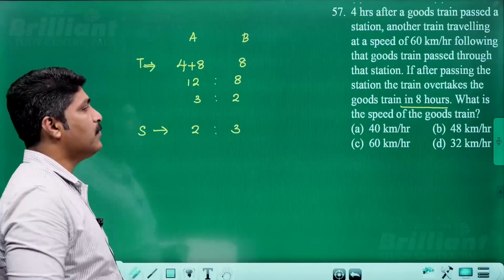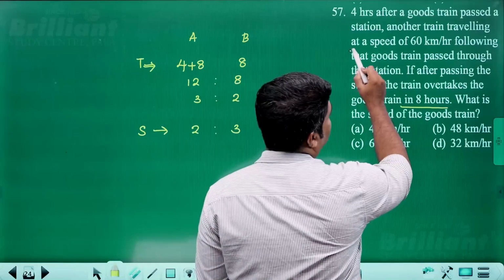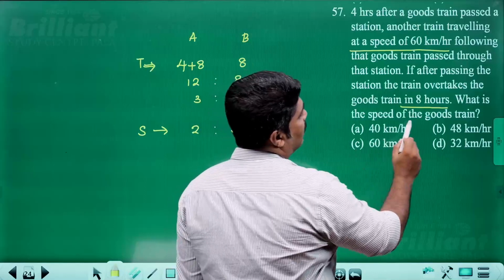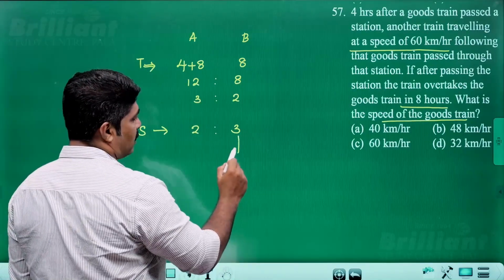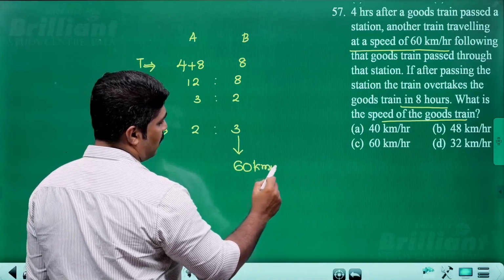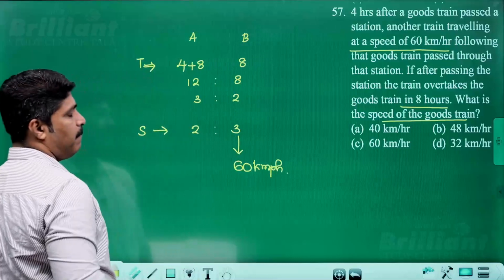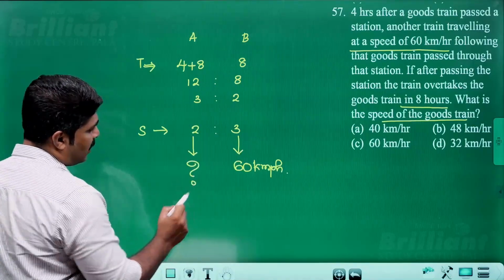This is 2:3. And what is given? The other train is traveling at a speed of 60 km/h, and we have to find the speed of the first train. This train's speed is 60 km/h, it is given. Then we have to find the speed of this first train. Think about it.